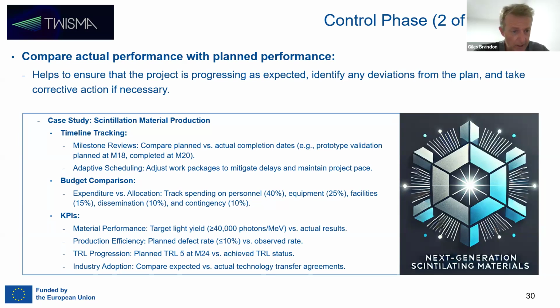Likewise, budget comparison. As mentioned in the previous slide, this is usually only done in practice at the midterm and at the end of the project. But at that midterm point, often you already see deviations between the actual cost that partners have booked versus what was budgeted and indicated in the proposal.